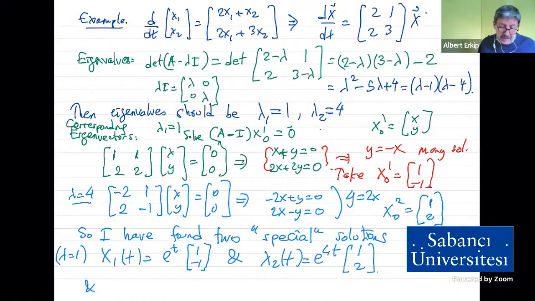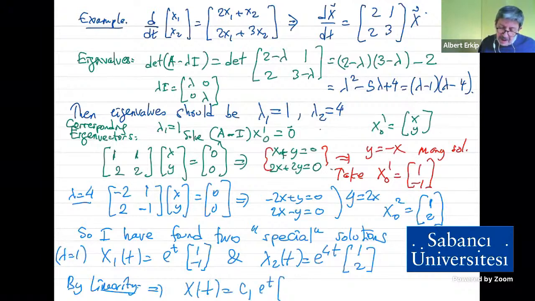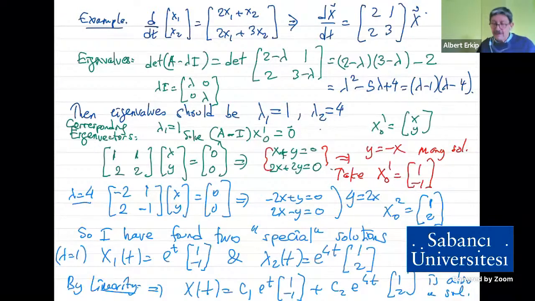Also, by linearity, instead of (1, minus 1), I could take any multiple, and instead of (1, 2), I could take any multiple. So x of t will be c1 e to the t (1, minus 1) plus c2 e to the 4t (1, 2), which is also a solution for any c1, c2. So I have found a lot of solutions.